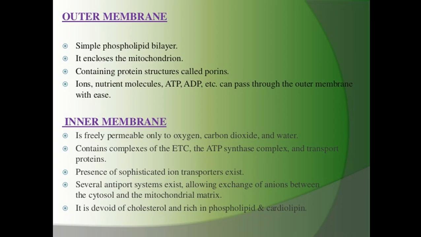Then the second one is the inner membrane. Even this inner membrane is freely permeable to oxygen, carbon dioxide and water. This inner membrane contains the electron transport complexes, the ATP synthase complex and transport proteins. So the inner membrane contains the ATP synthase complex because ATP is to be synthesized.